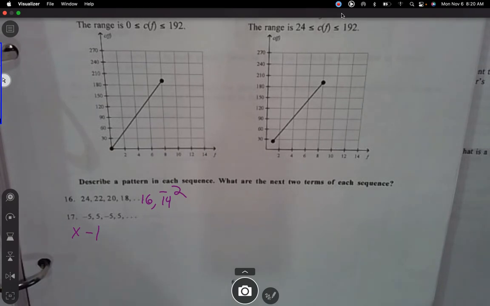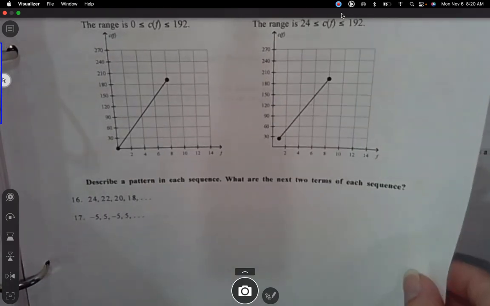So that's the first thing you're going to say. What are the next two numbers? Yeah, negative 5 and 5. Even if you missed multiplying by negative 1, at least you could get the other part. Everybody good with those? Yes.